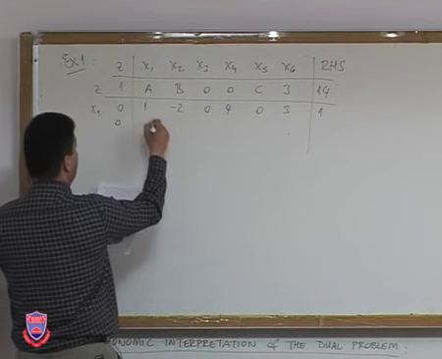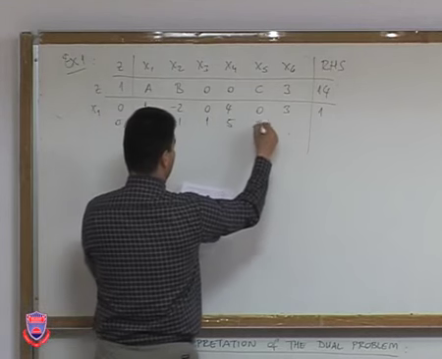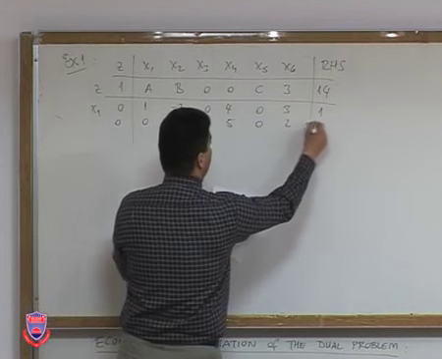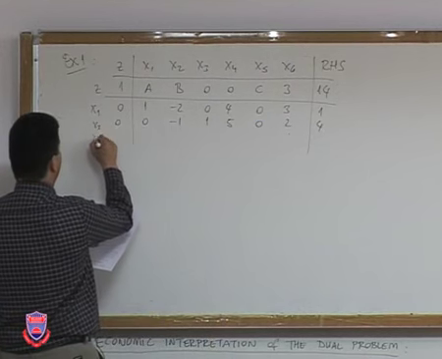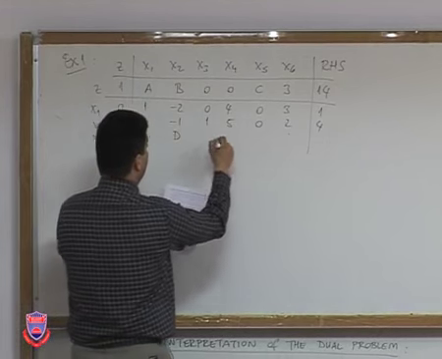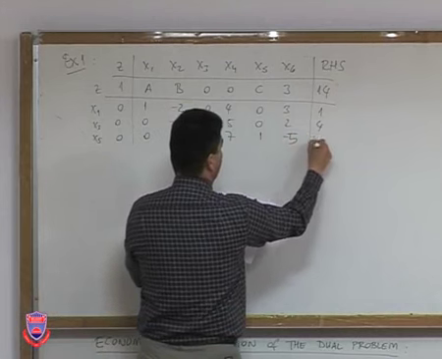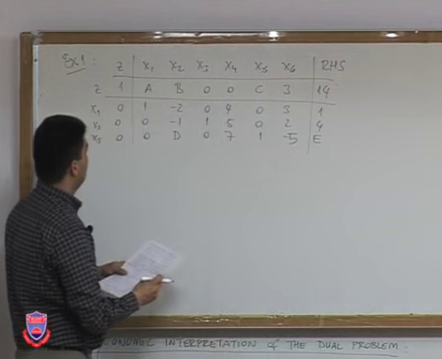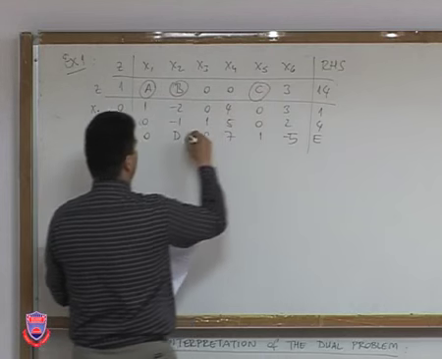Then I have 0, 0, minus 1, 1, 5, 0, 2 and 4. And finally, I have x3 here and x5 here. So 0, 0, D, 0, 7, 1, minus 5, and the right-hand side value is E. Let me just circle the letters. So I have A, B, C, D, and E.